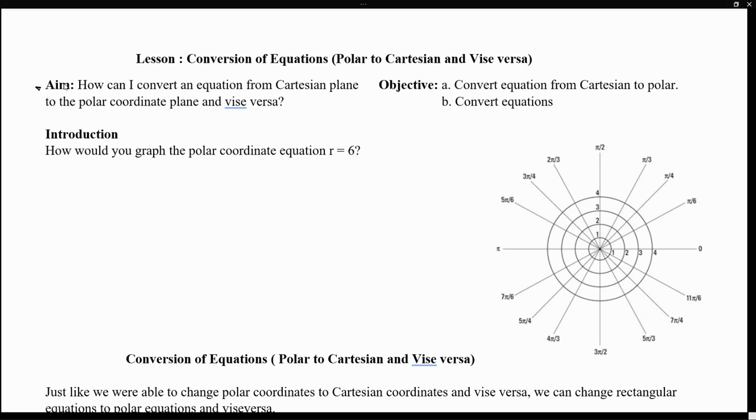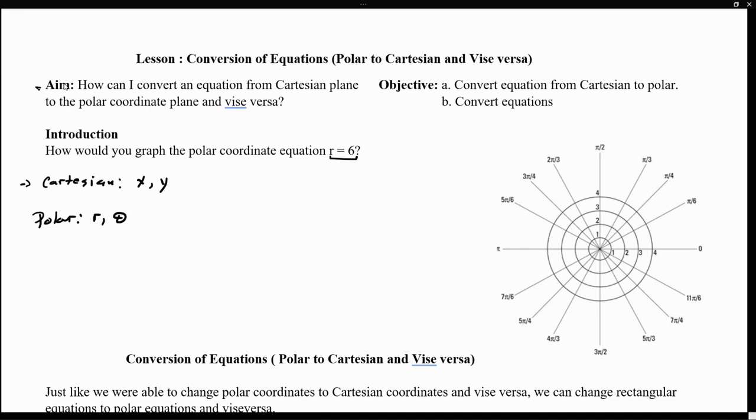Well, first notice that this equation is in terms of r, and we know that this is a polar coordinate equation, since for Cartesian, we usually have the variables x and y. And for polar, we have the variables r and theta.